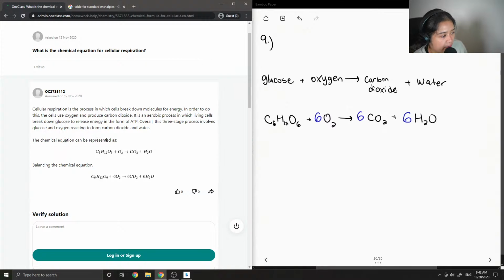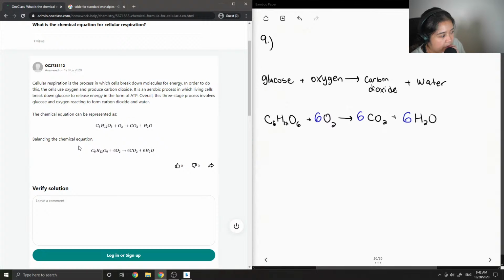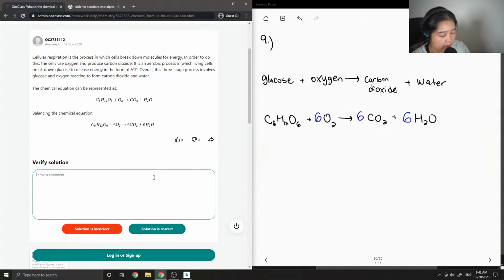Chemical equation can be represented as C6H12O6 plus O2 makes CO2 plus H2O. When we balance the chemical equation, you get the glucose plus 6 oxygens makes 6 carbon dioxide plus 6 water molecules. Okay, so this solution is correct. Great answer.